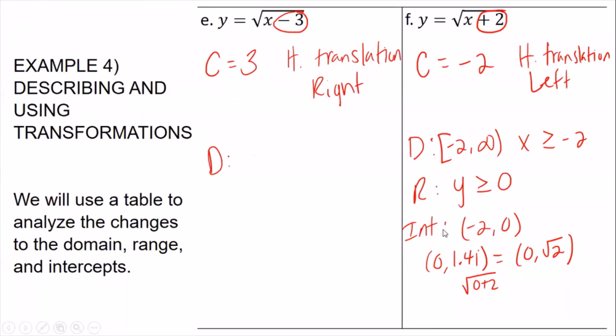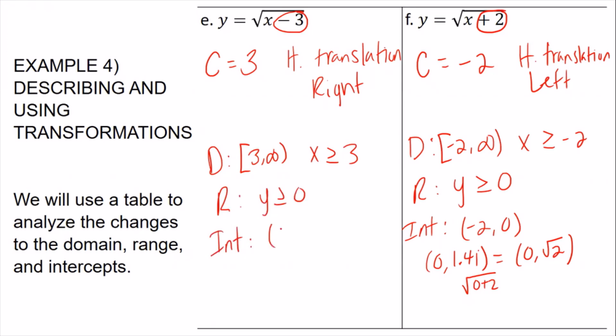No. So the domain now started at 3 and went to infinity. So x had to be greater than or equal to 3. My range did not change. And my intercept is only at 3, 0. You only put it where it's at.